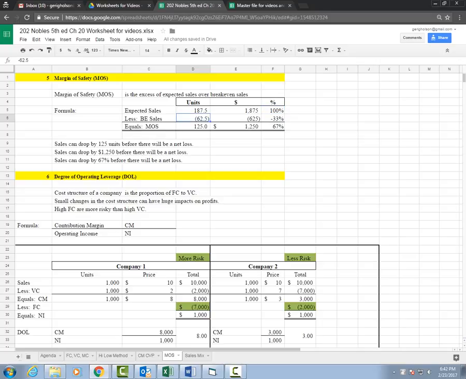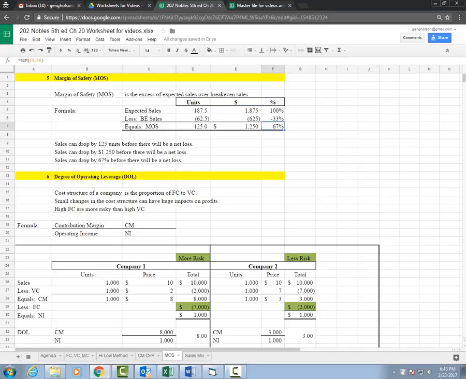If I take 62.5 divided by 187.5, I get 33%. If I take 625 and divide it by 1,875, I also get 33%. So 100 minus 33 is 67%, or it's 125 divided by 187.5, or it's 1,250 divided by 1,875.